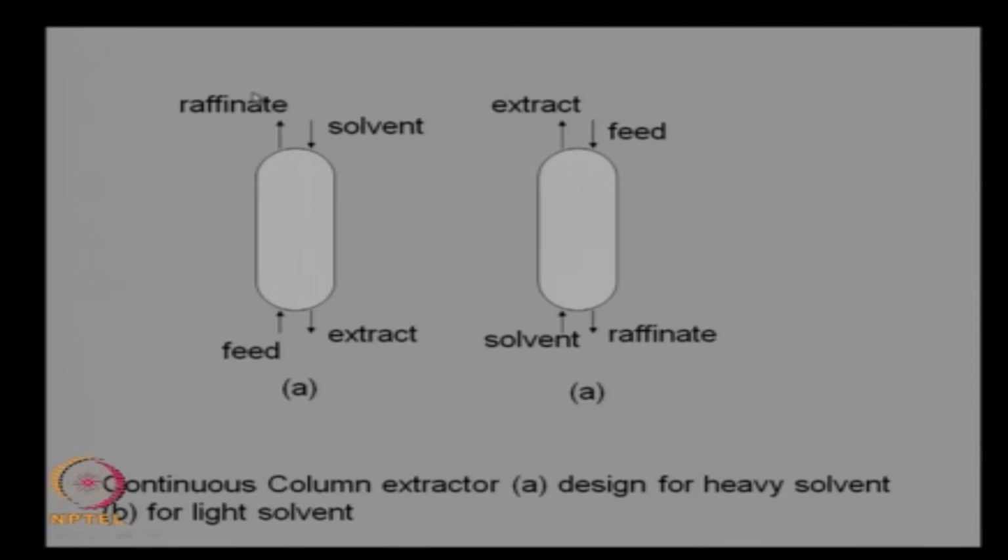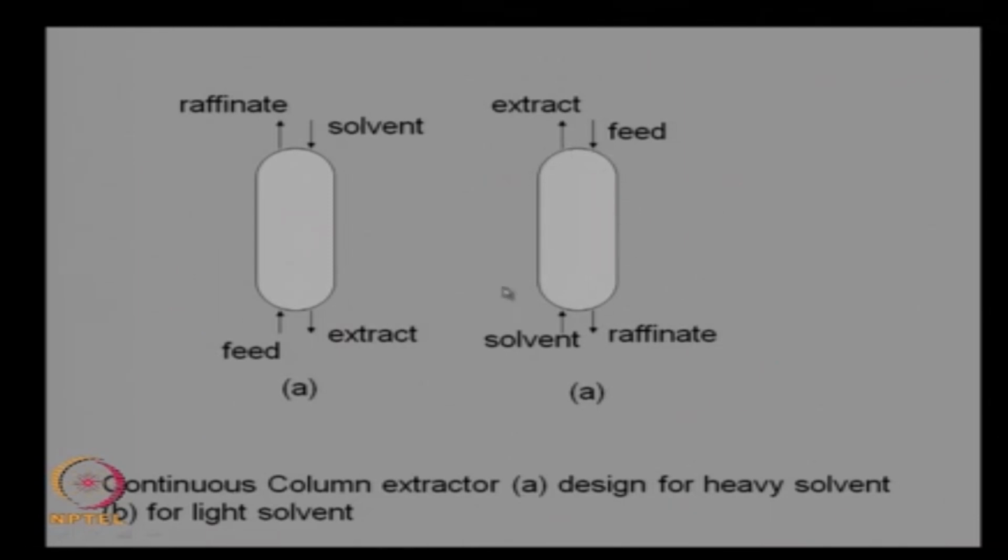The feed will have less of your solute. For light solvents, you introduce the solvent from the bottom, it rises up, your feed is relatively heavy, so the feed travels down. So the extract comes at the top. So these are two different continuous column extractors, one for the heavy solvent and one for the light solvent.